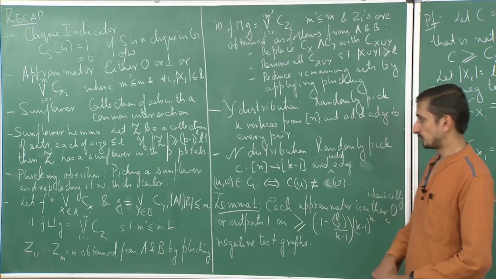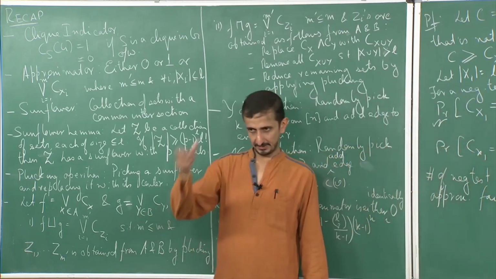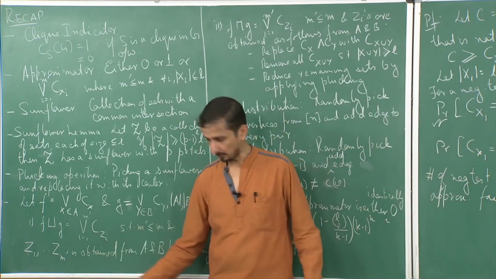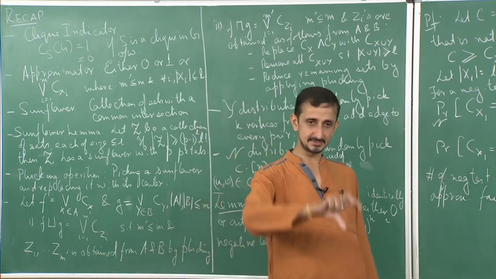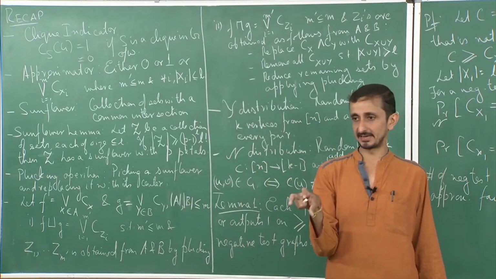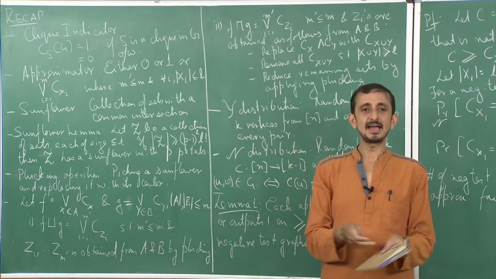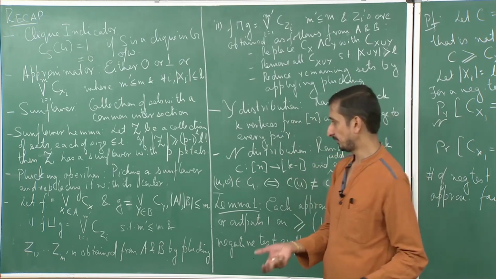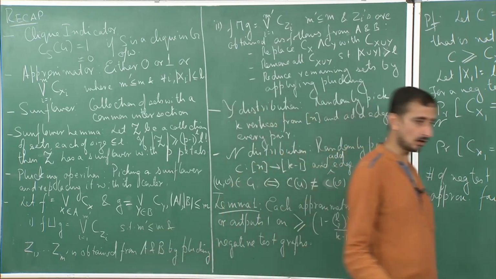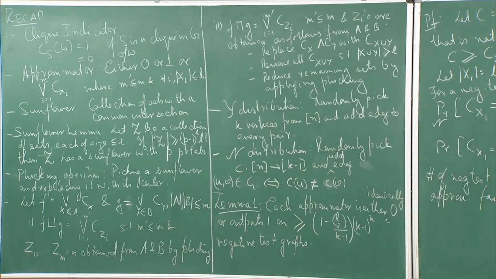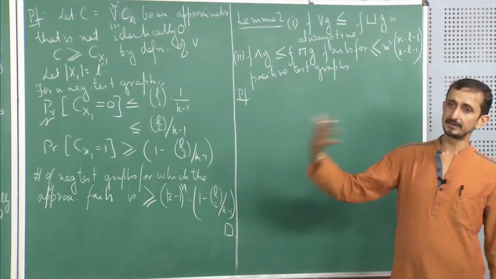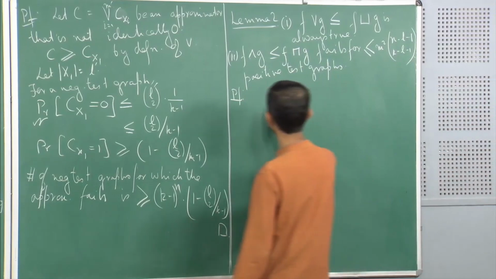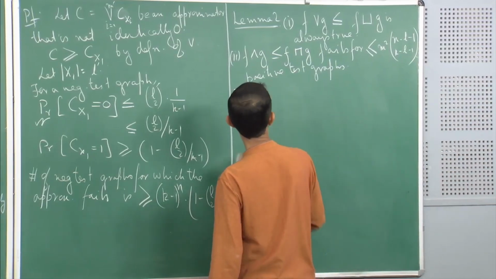Each of these is a petal, and if I apply the plucking procedure, I am replacing a collection of petals with their center. If the petals had a click, the center must have a click, since it is a subset. So the plucking procedure cannot destroy a click. You can potentially increase a click, but it cannot destroy a click.